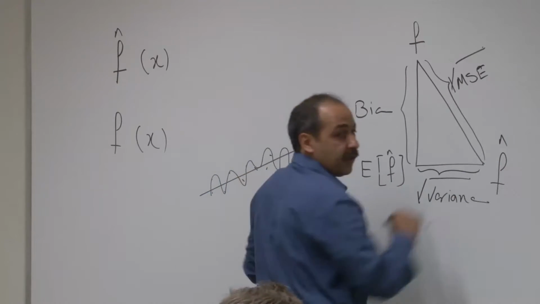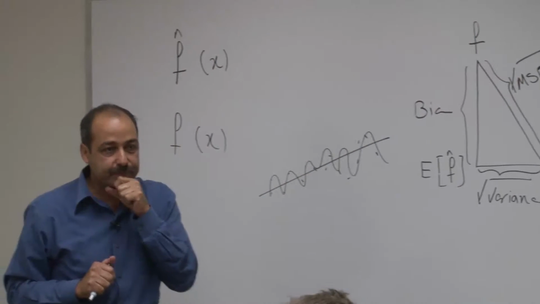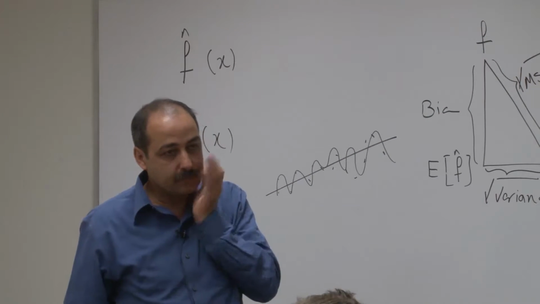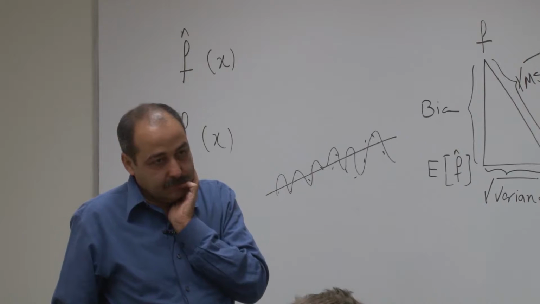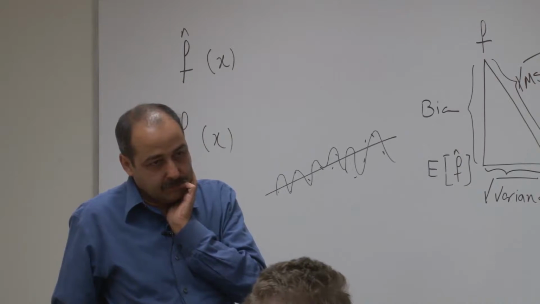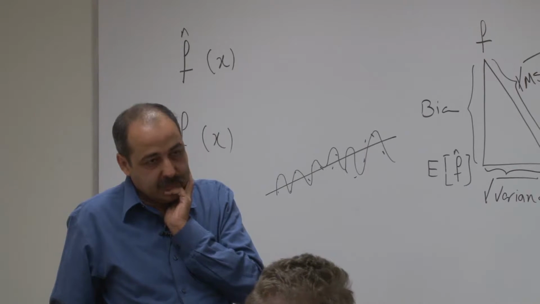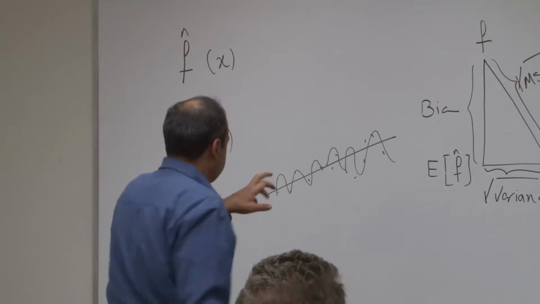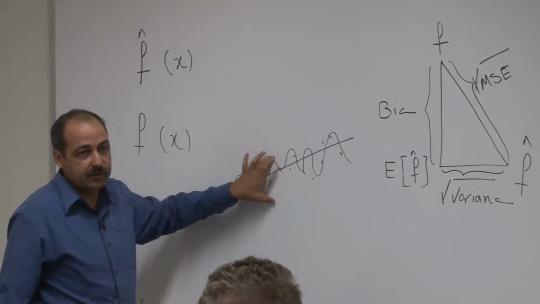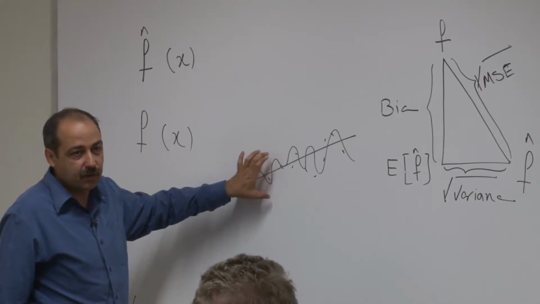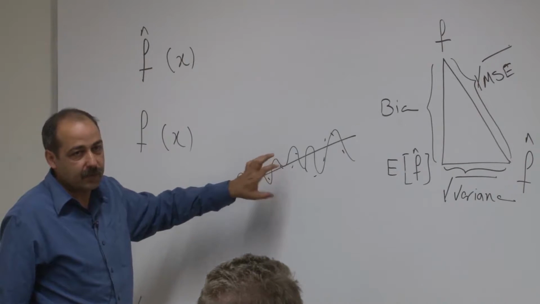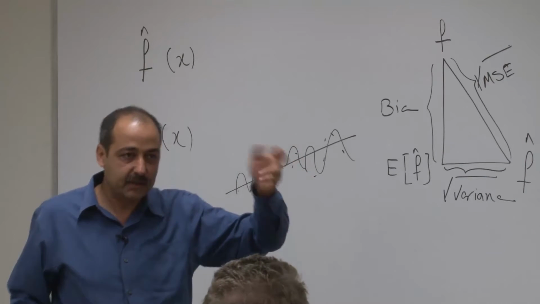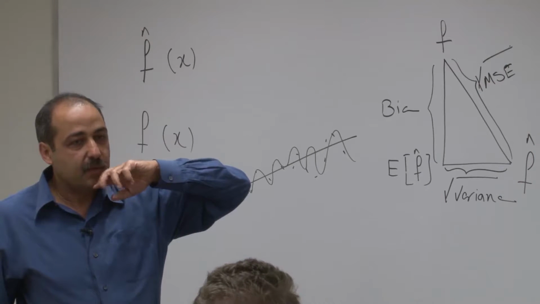So this is a high variance method with low bias. The linear case was high bias and low variance.